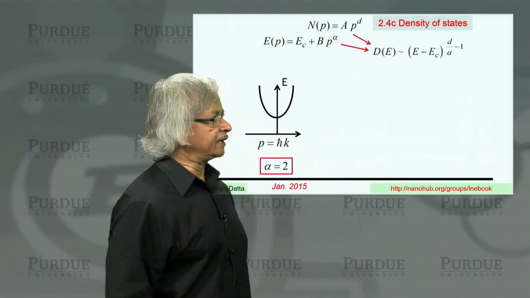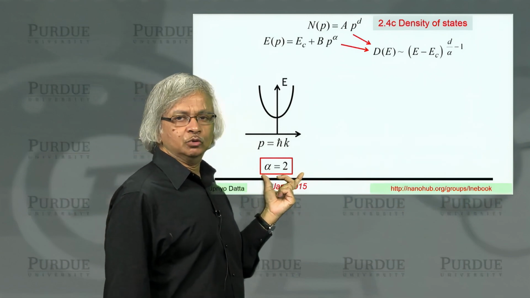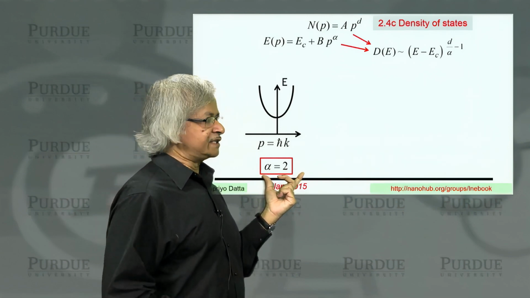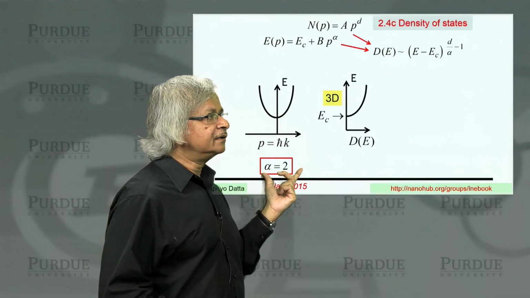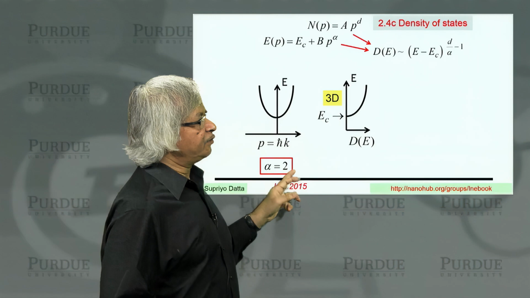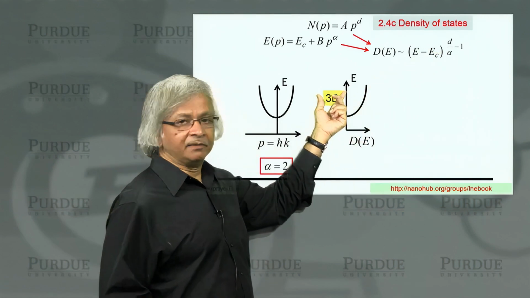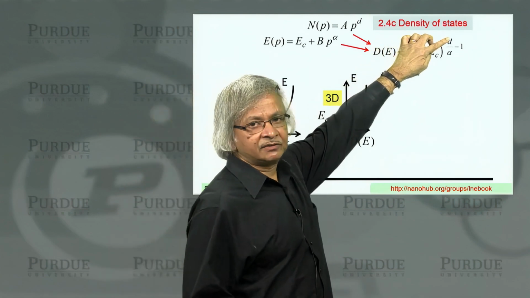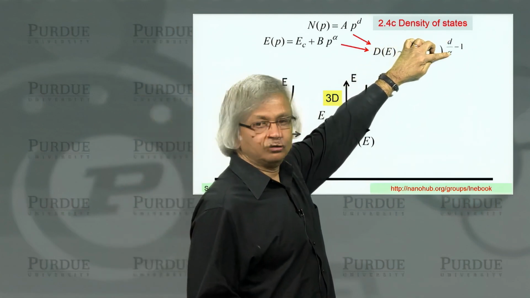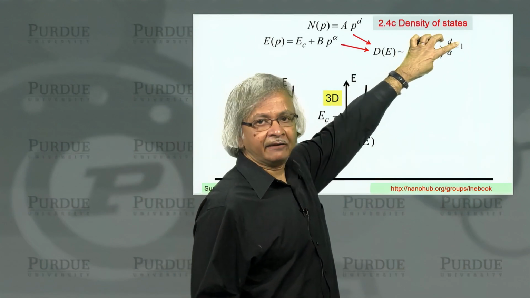So let's now look at a specific example. Let's assume alpha is equal to 2. That is, as I said, the most common case. That's this parabolic band. And if you put alpha equals 2 and consider 3 dimensions, that means d is 3. So the exponent here becomes 3 divided by 2, which is 1.5, minus 1, so that's like a half.